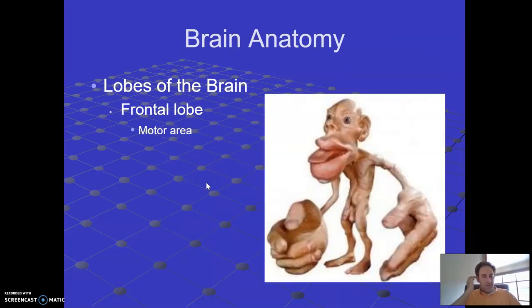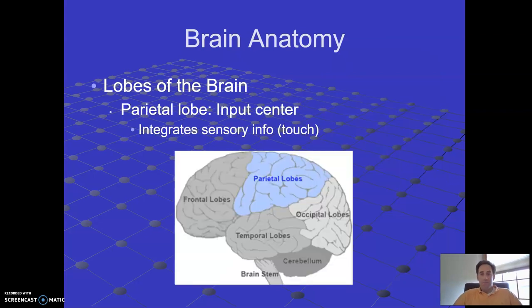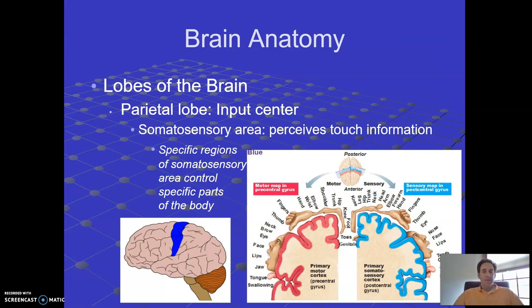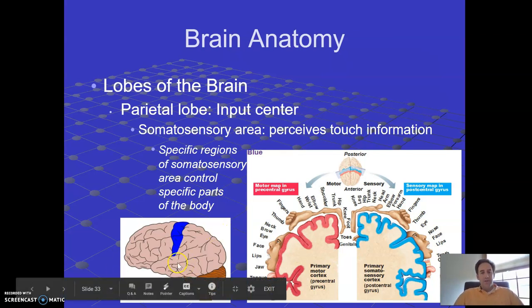Here's a fun picture that shows what your body would look like if the size of each body part was proportional to how much motor area was devoted to it. The parietal lobe is next. Think of this as the input center. It integrates sensory information, particularly touch. And there is a similar area to the motor area, this time in the parietal lobe.